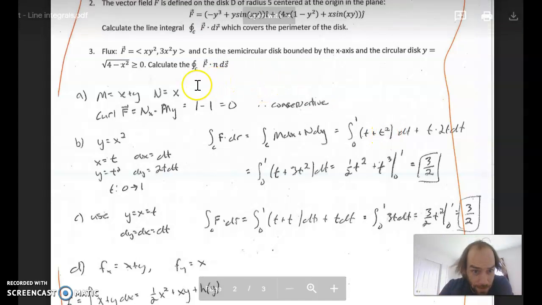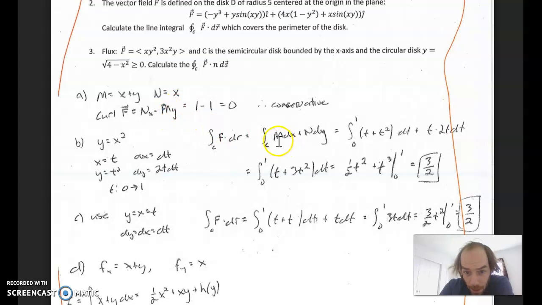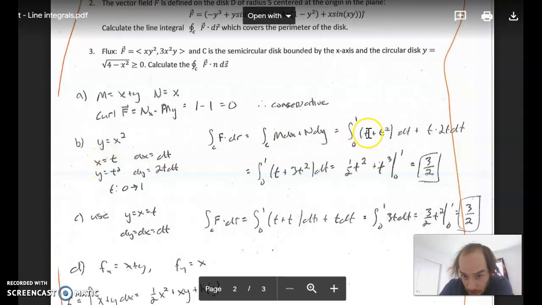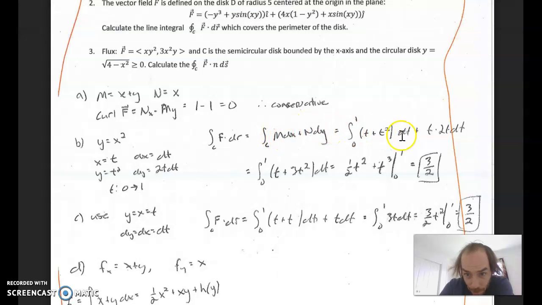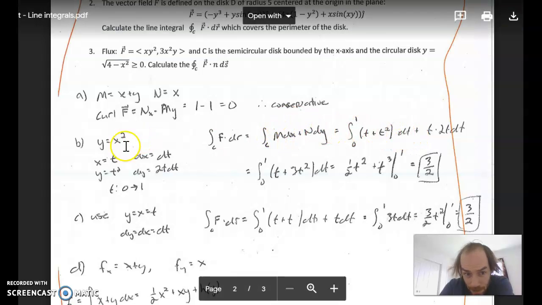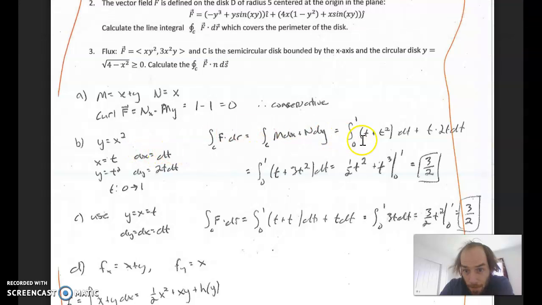My M is the x plus y. So I take x, which is t, and y, which is t squared. So it's t plus t squared replaces the M. And then the dx gets replaced with a dt. So integral from 0 to 1 of t plus t squared dt.